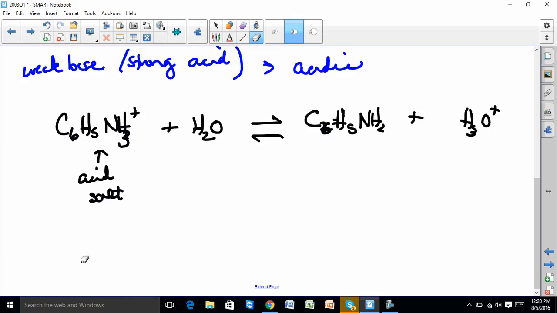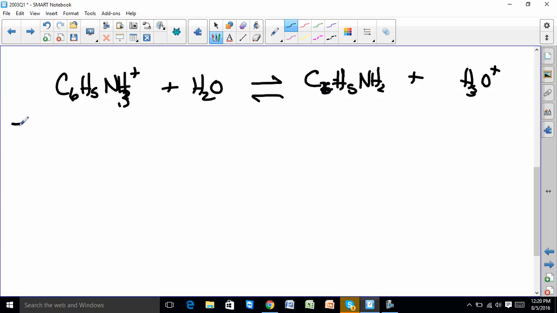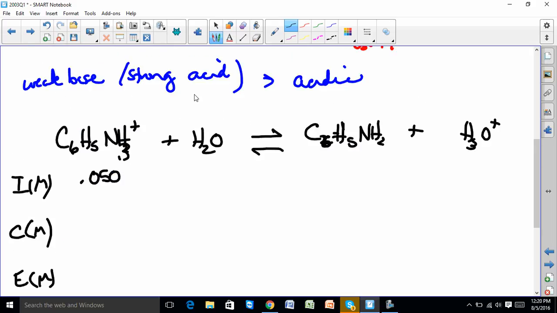And the interesting thing is, now we have to set up an ICE chart, because the equivalence point with salt hydrolysis, these are hard problems. We're going to set up capital I, capital C, capital E, and we know from our ICFVM chart that this is 0.050 molar.